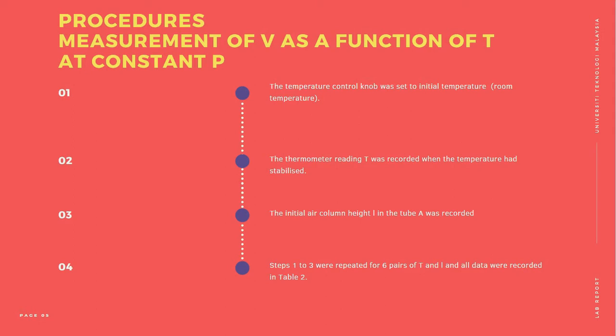Then, the thermometer reading T was recorded when the temperature had stabilized. After that, we took the initial air column height in tube A, which is L, and recorded it in our table. Then, we repeated steps 1, 2, 3 for the 6 pairs of T and L, and all these data were also recorded in another table, which is table 2.